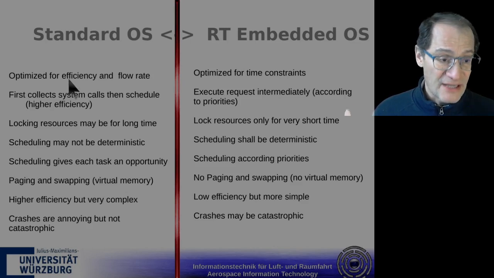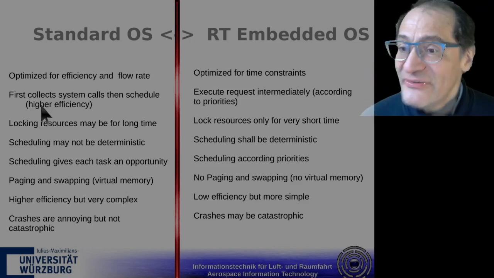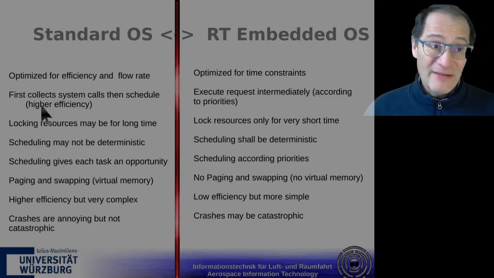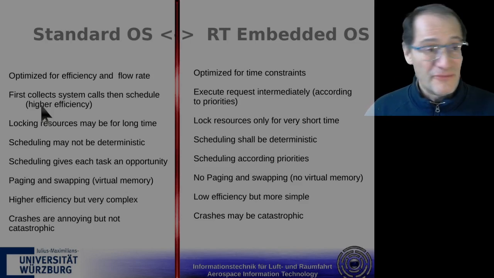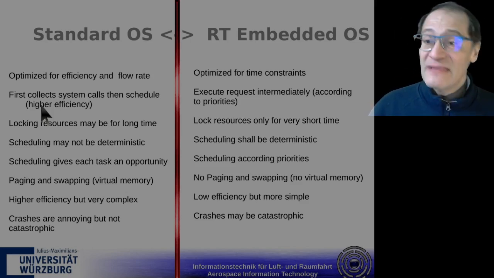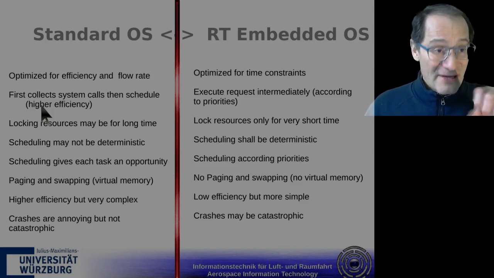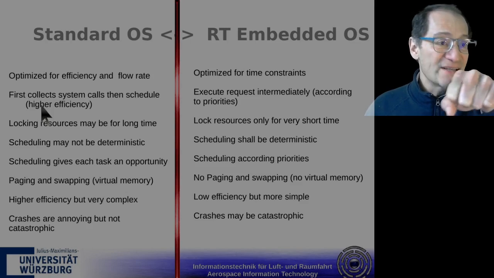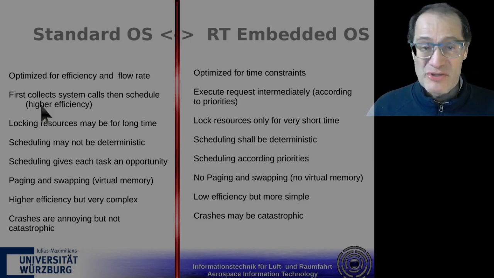So this operating system is waiting a lot of time before executing everything. This one tries to use all resources as soon as possible, normally with no time constraints. Then, when we have many system calls, for example to access data from disk, first we collect all of them to make an optimal access. For example, moving the disk arm in which direction, which request we shall serve first and then next, to make it as efficient as possible.